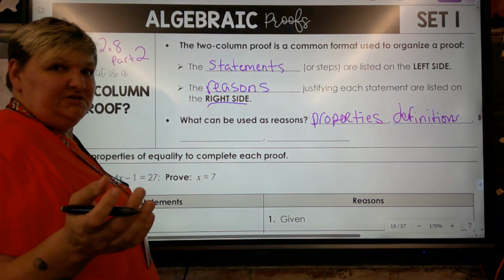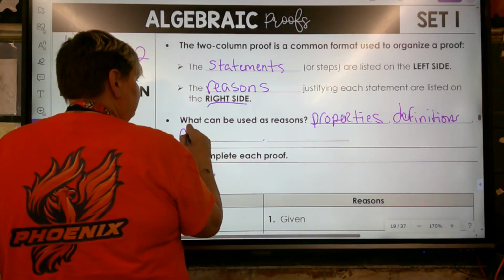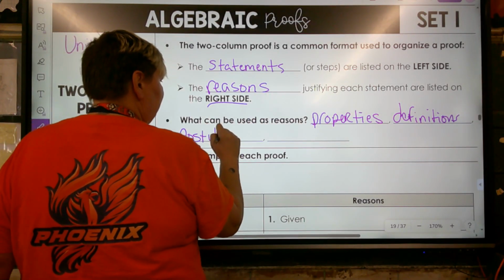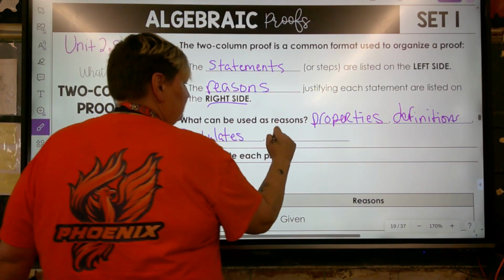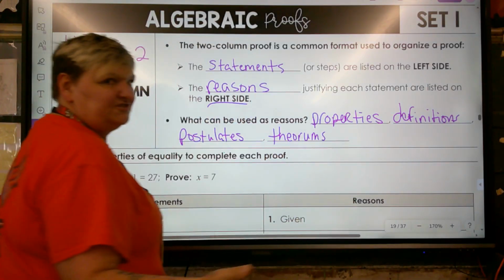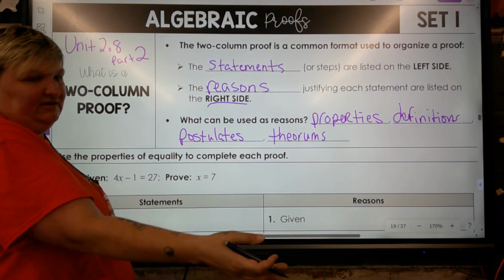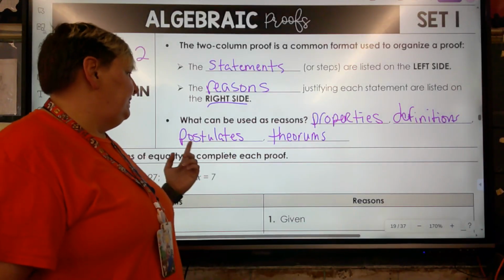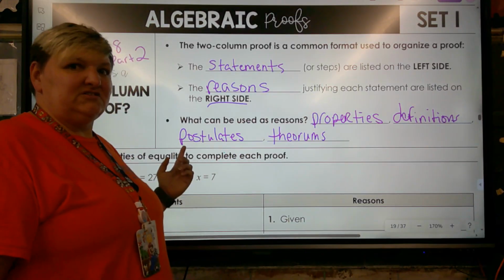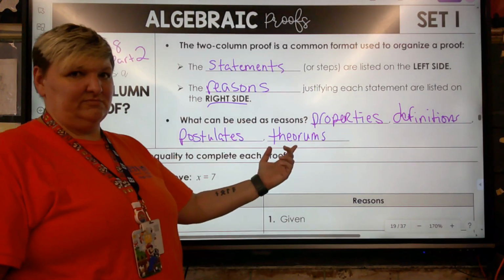Remember the angle addition postulate, the line segment postulate. You can also use the theorems we've learned. Theorems and postulates are just the rules, proven rules that work again and again. This is a math, sometimes science, term for rules that have been proven again and again: postulates and theorems.